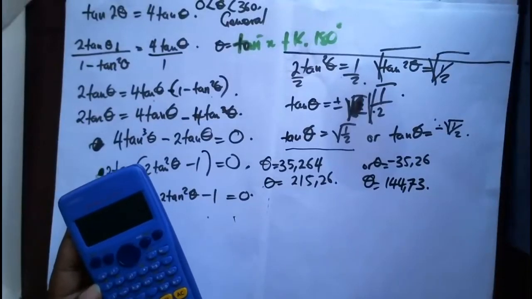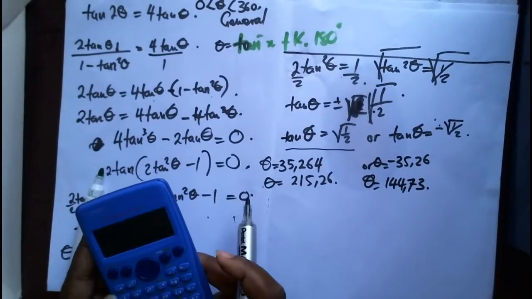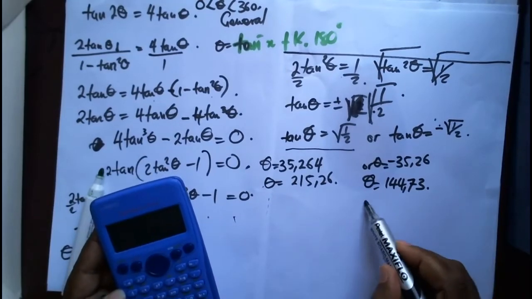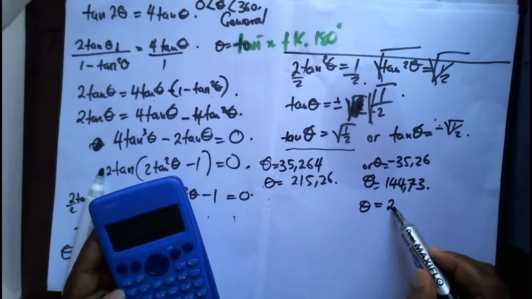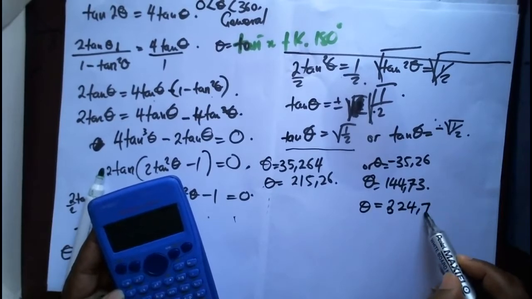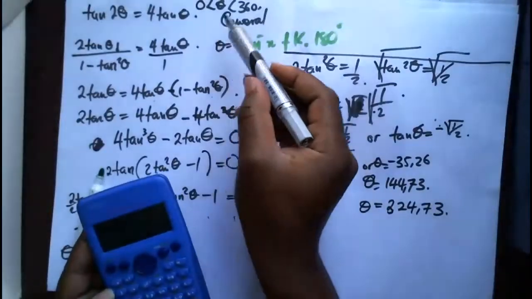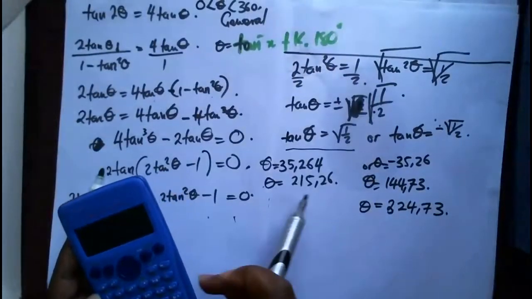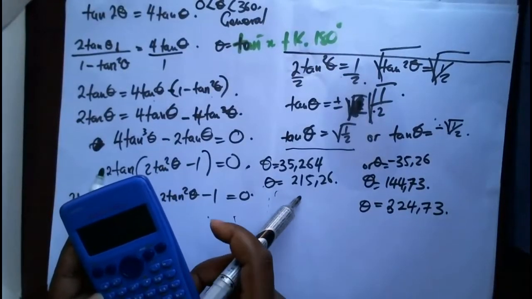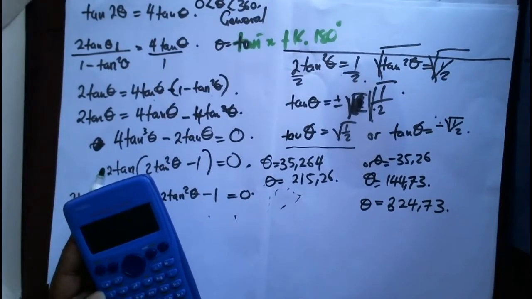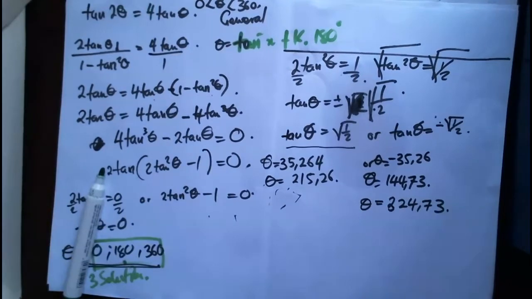I want to check, does it still remain within range? So plus 180 again, I get theta is equal to 324.73, which is within range because it is between 0 and 360. If I add again another 180, I get 504. No, it is out of range. So do you see how many solutions I got?